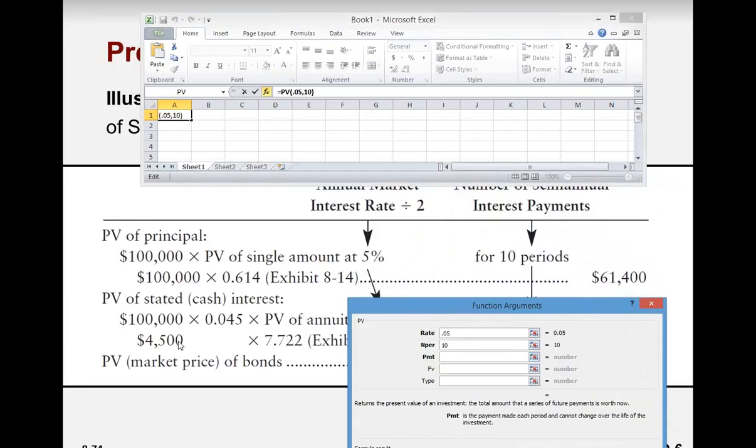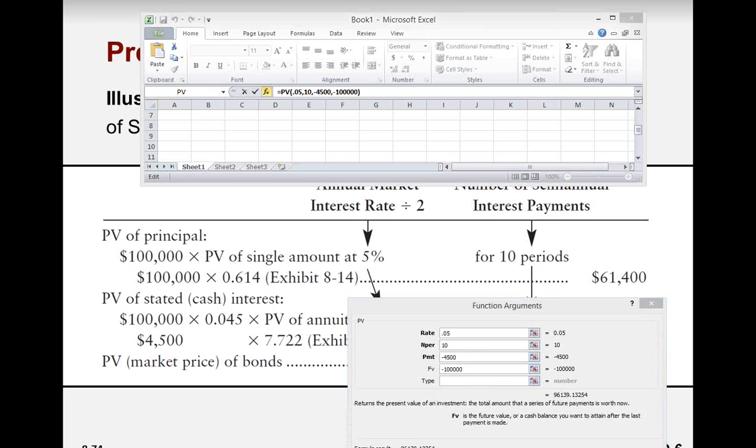We calculated the interest payments at $4,500. My future value is $100,000. I actually need to put these in as negatives, because it is cash going out. And I can just say okay.